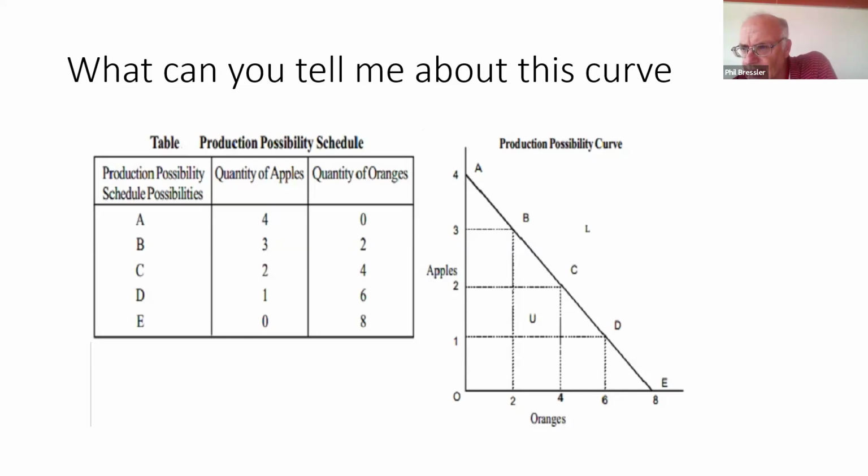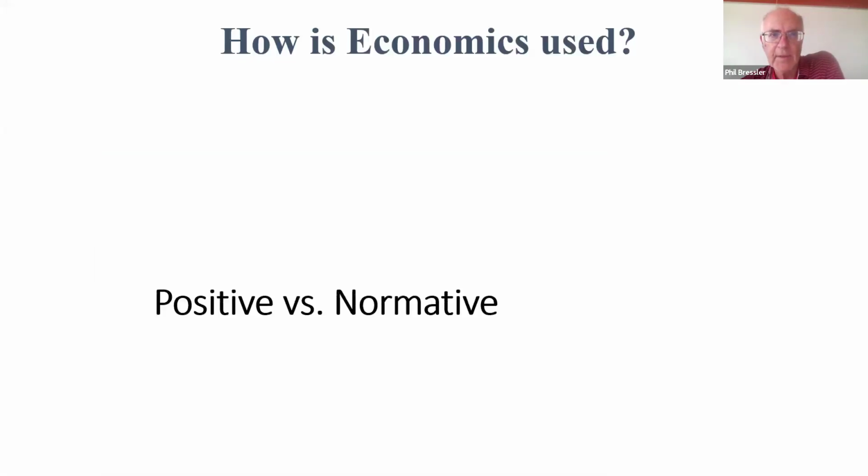Okay, resources are easily adaptable is true. Okay, and the opportunity cost is constant. All right, the resources are easily adaptable, opportunity cost is constant. Okay, great.